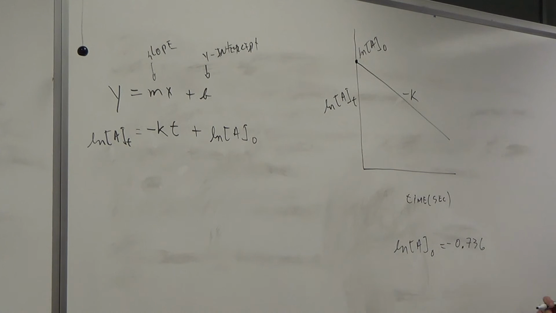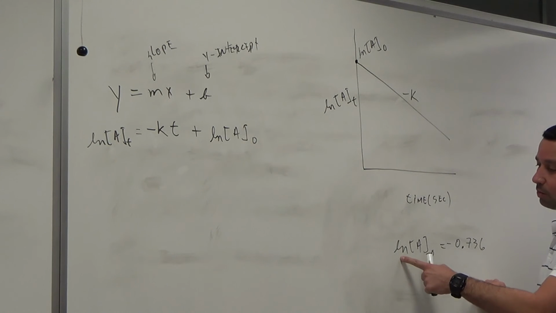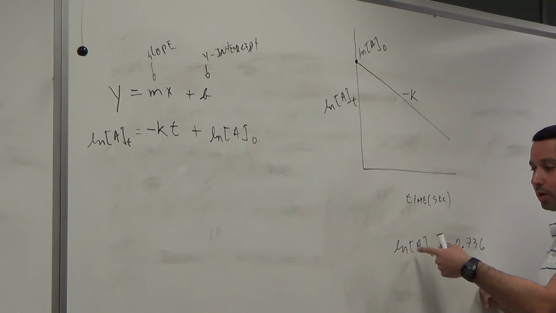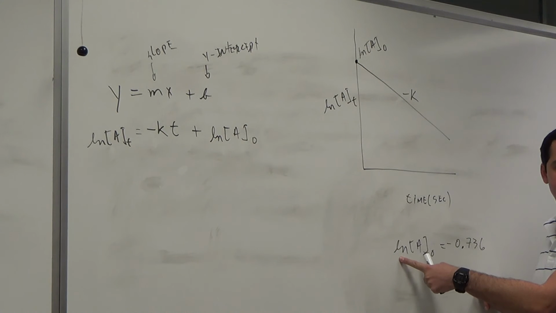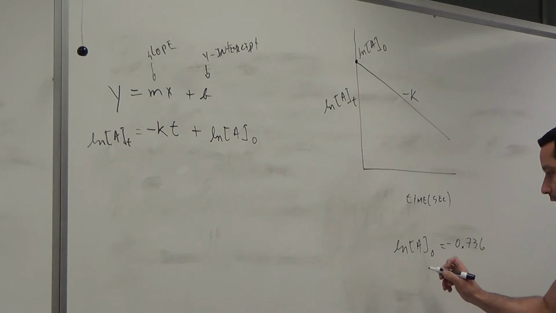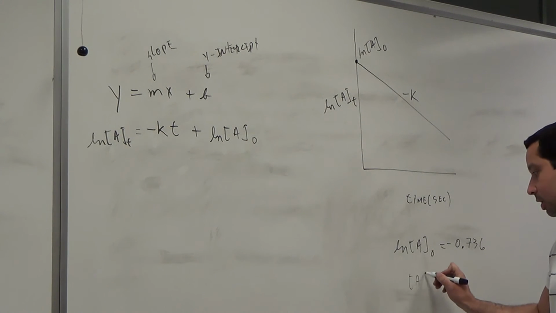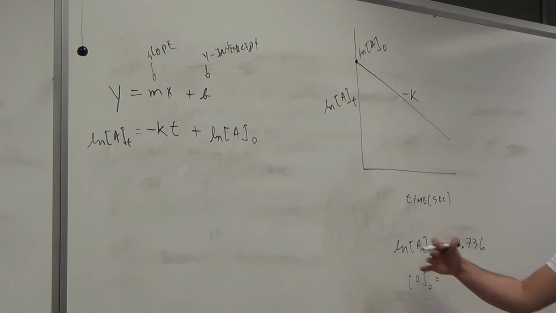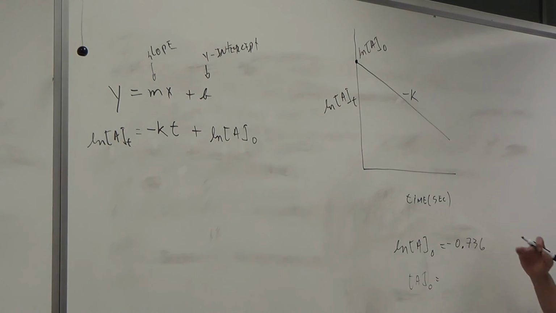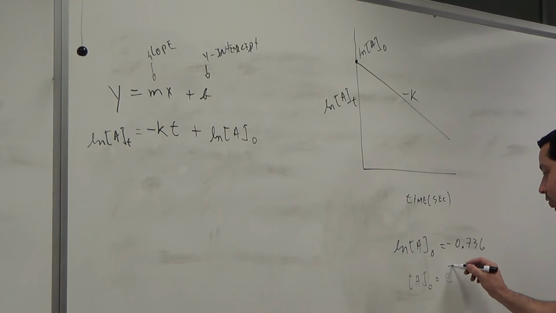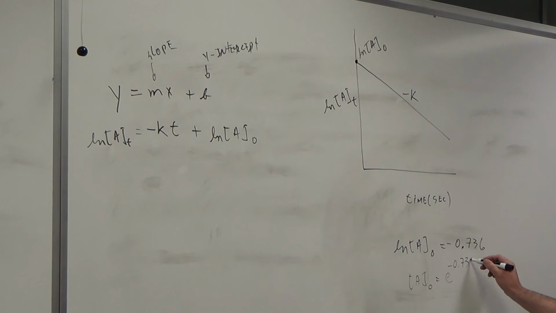If it would have been 10, it's called anti-log. With the e, I have no idea. But if I raise e to this power, that drops, yes? So e to that power, that disappears. If I did it on that side, I have to do e to this power on this side. So that will be e to the minus 0.736. That's the concentration of A_0, whatever number that happens to be.